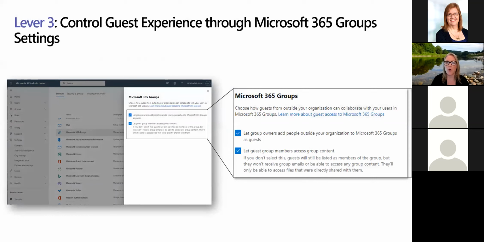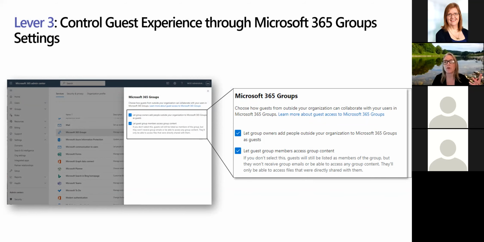So there's let group owners add people outside your organization. That must be checked if you want the team owner to be able to invite a guest. If you do not want them to, you have to uncheck that. So this is all about which direction you want to go for your team's guest provisioning process. And then if you want them to see the SharePoint files, you have to make sure that's checked. If it is not, then when they go to the files tab, they're going to get an error page.